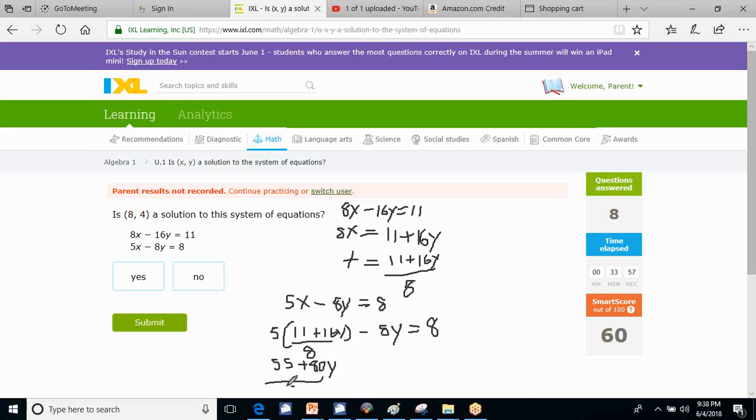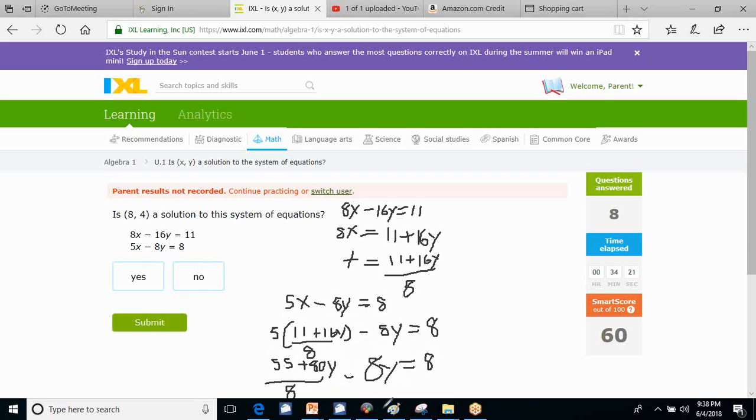It's over 8. Okay? So 5 times 11, 55. 5 times 16 is 80. It's over 8. And then you're going to minus 8y, and that's equal to 8.